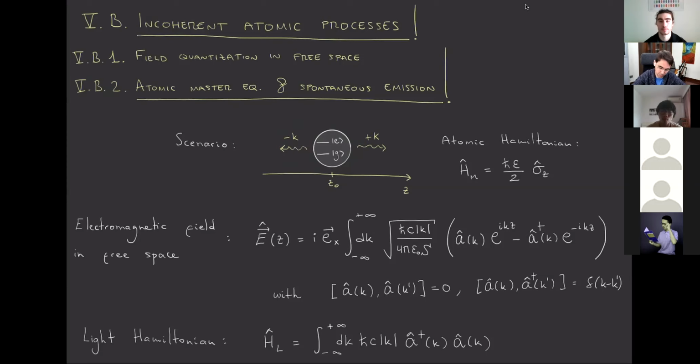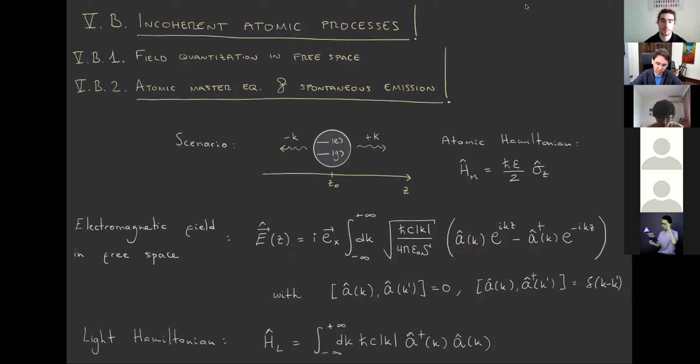This shows up in the expression for the quantum electric field, where the annihilation and creation operators are labeled by a wave vector that has a sign. It can be positive or negative, and different wave vectors are independent, okay? So they form a canonical commutation relation algebra in terms of the label.